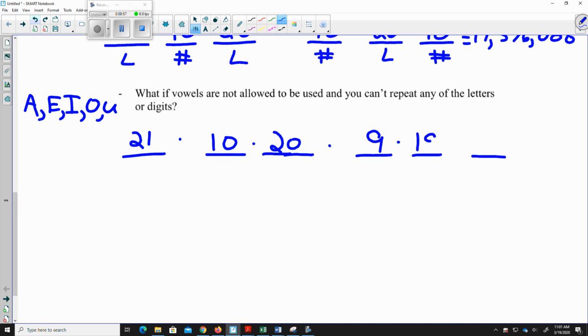I have 19 choices now for my last letter because I've used 2 up. And I have 8 choices for my last digit. So if we work that all out, we're going to get 5,745,600 different possibilities. So that's how many postal codes you can do this way.